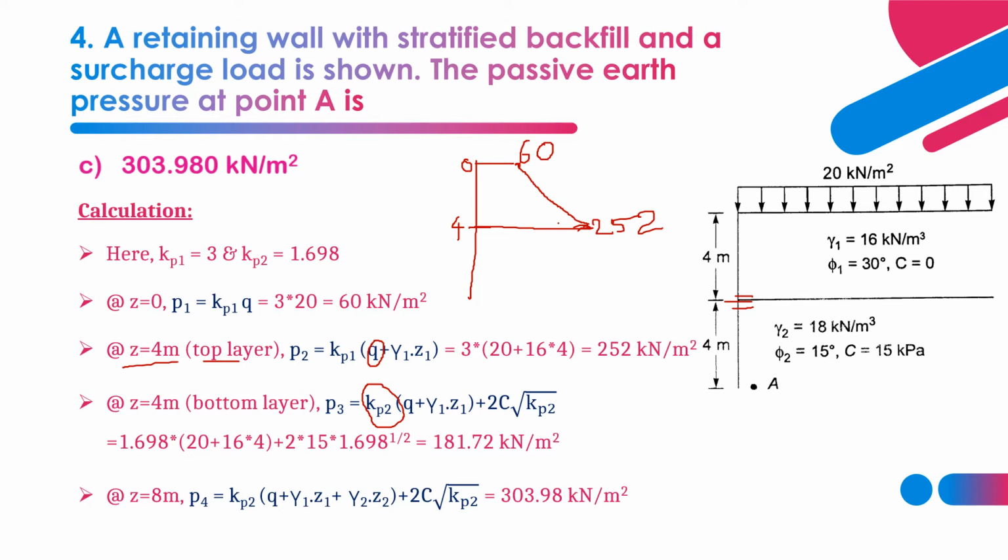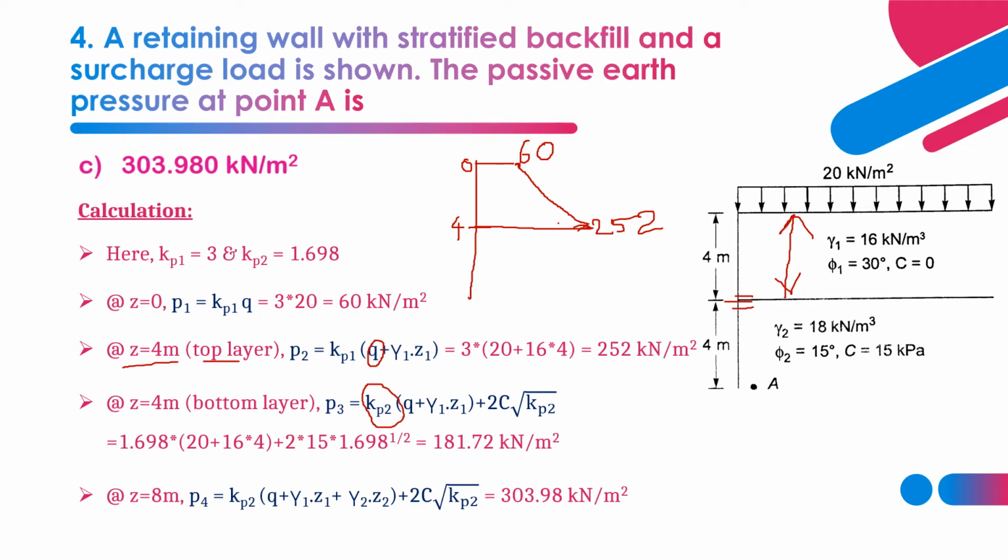So P3, or the third pressure value, is equal to Kp2 into Q plus gamma1 Z1, because above the 4 meter we have to consider gamma1 Z1 only. We should not mistakenly consider gamma2 Z2.